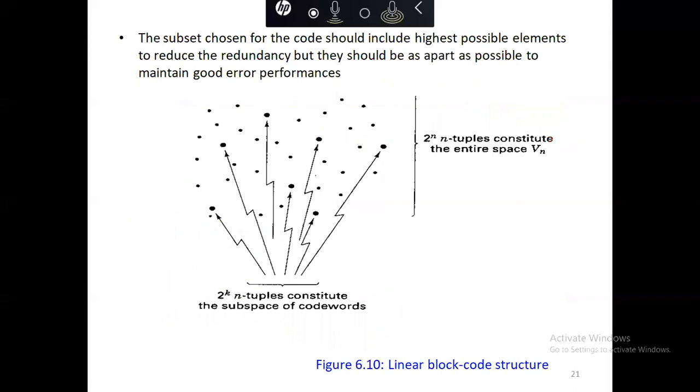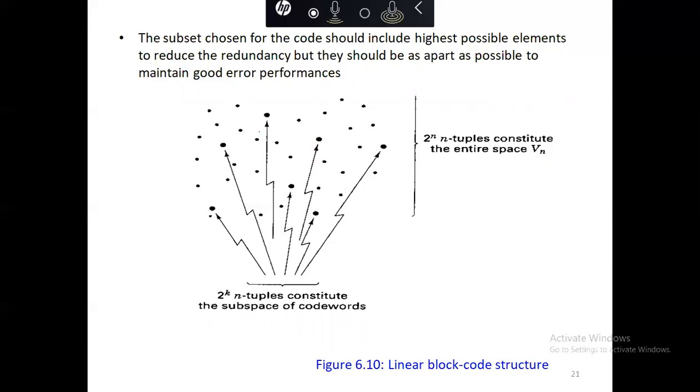So this is how you can see that 2 raised to power k n-tuples are improving the distance, and in fact improving the error performance of the signal space.